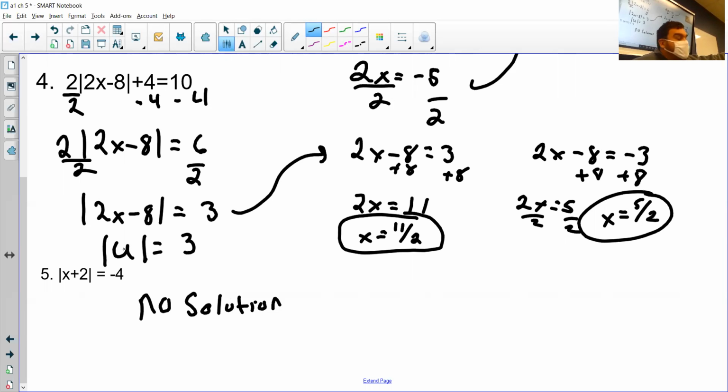I just wrote this: the absolute value of U equals positive 3. What could go into U for that case? And that's why you have to do both, because negative 3 would become a positive.